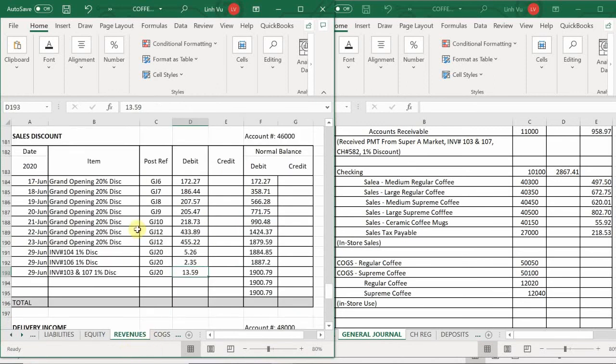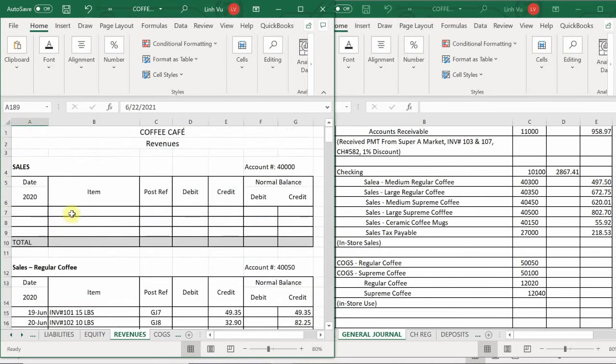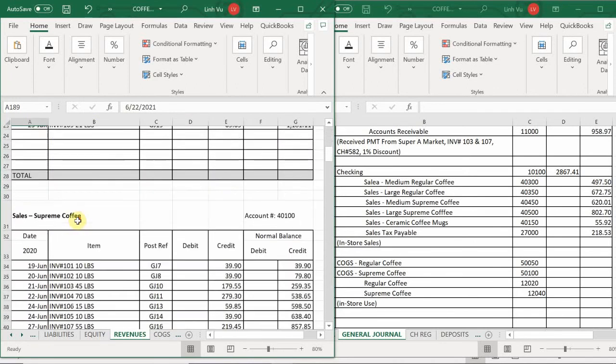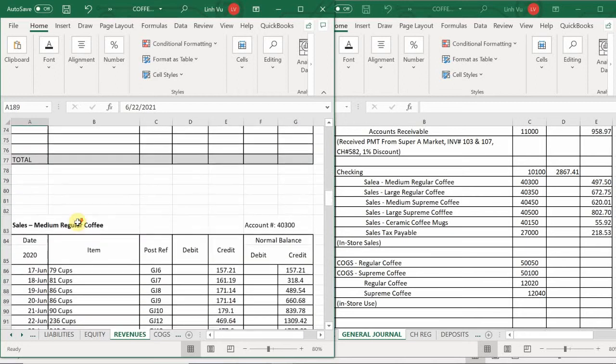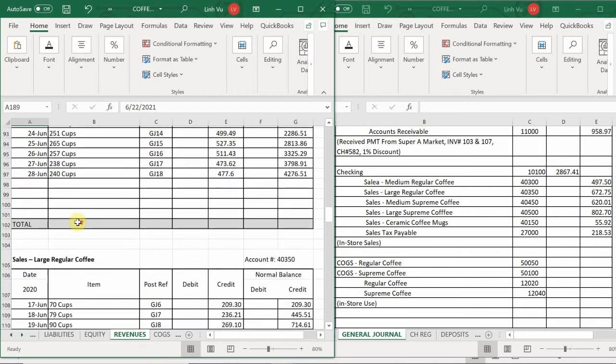Moving on to the list of all of our revenues here, starting with the medium coffee cups.